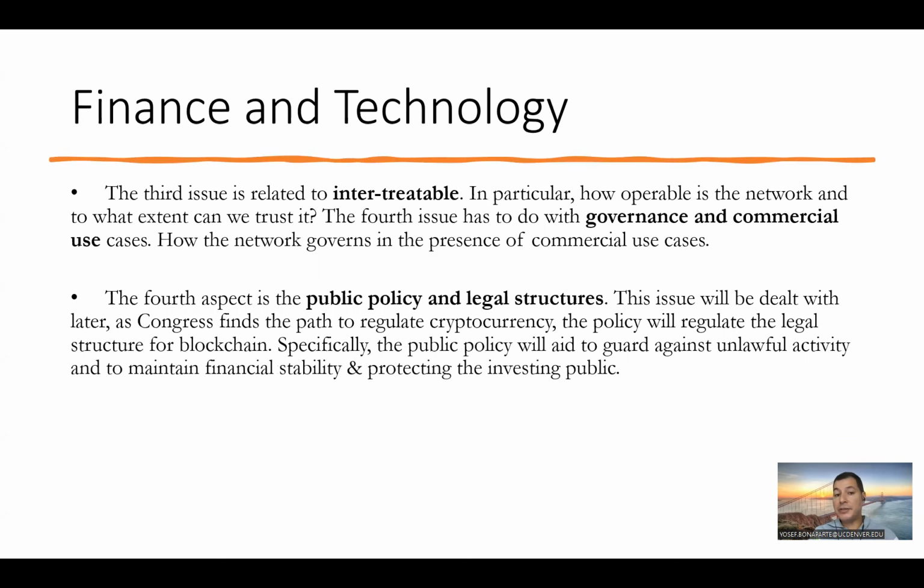The third one is interoperability, in particular, how operable is the network, and to what extent can we trust it. The fourth issue that I'm going to talk about is public policy and legal structure. We're going to talk about it later, as Congress finds the path to regulate cryptocurrency.